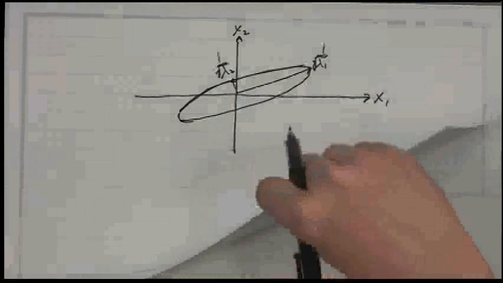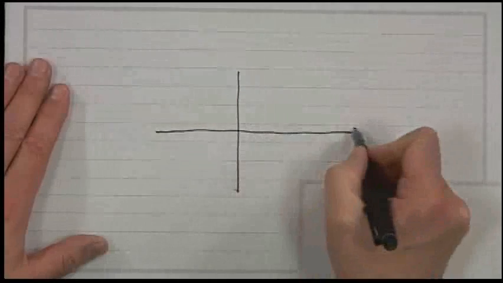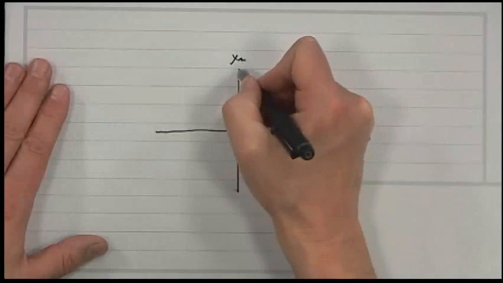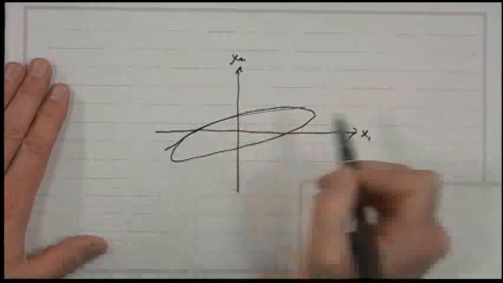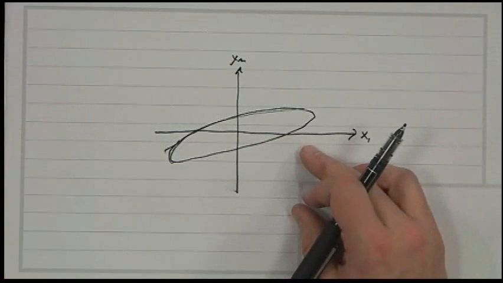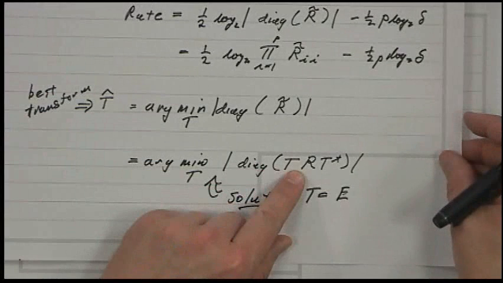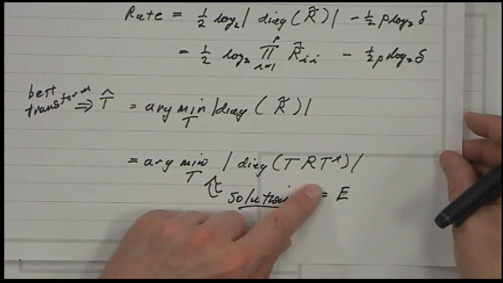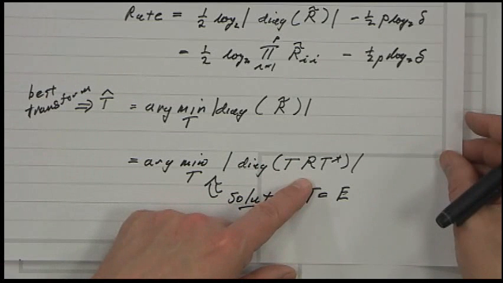Just a minute. I'm going to draw this one more time, because I need a little more space. So this is x1 and this is x2. So this is the ellipse. If I ask what's the determinant of the diagonal elements, I'm taking the product of the diagonal elements.